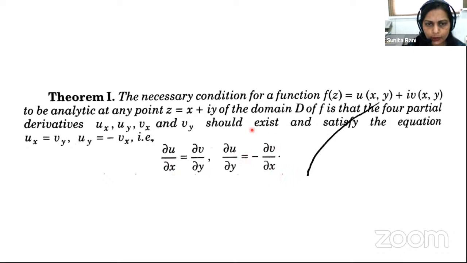If u and v satisfy both the expressions, that means the Cauchy-Riemann equations are satisfied. And after applying this theorem, if the Cauchy-Riemann equations are satisfied, we can say that the function is analytic. So we can find that the function is analytic by applying the Cauchy-Riemann equations.